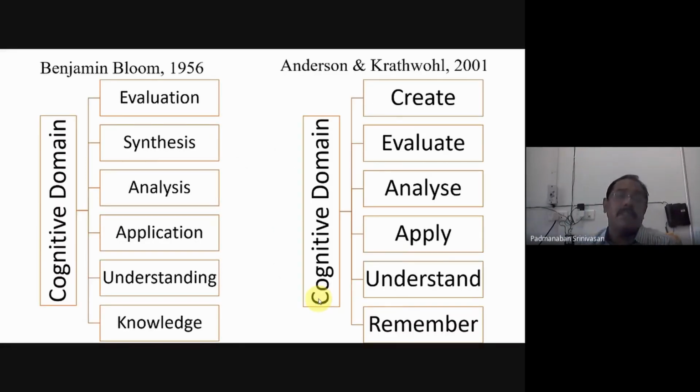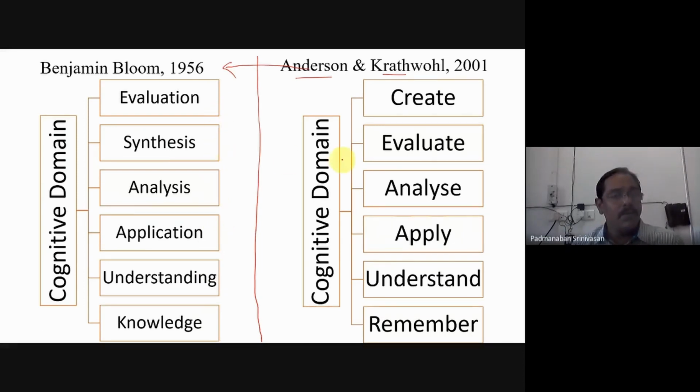The left one I have divided because it was revised in 2001 by his followers Anderson and Krathwohl. This Anderson was there along with him in 1956, when they gave the three domains. In the cognitive domain, these are the sub skills: knowledge, understanding, application, analysis, synthesis, and evaluation.